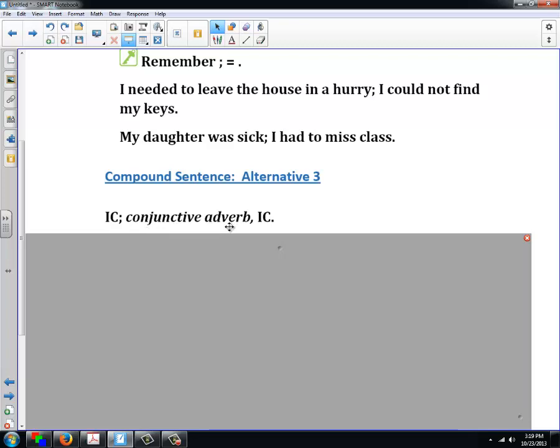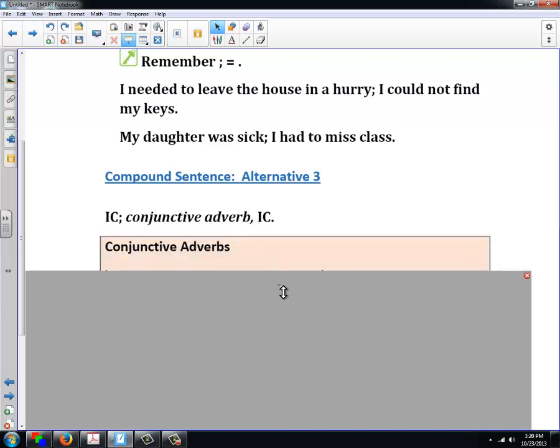That's not the intent, but just think conjunct. What does it mean to conjunct? Junct means join, con means together. So this is an adverb, or you can just call it a conjunctive word, that's going to join together two independent clauses. The semicolon before the conjunctive adverb, the comma after the conjunctive adverb.